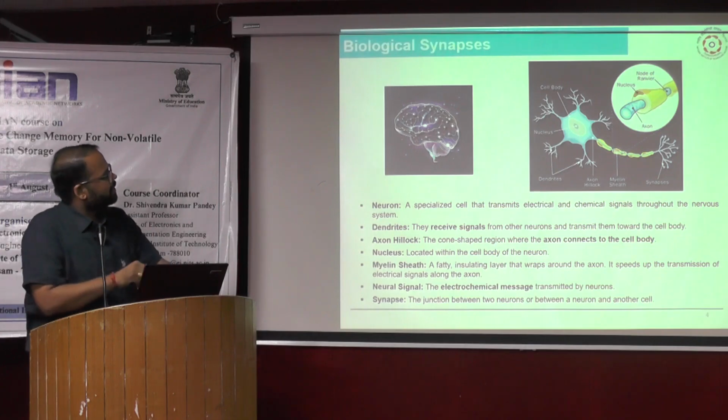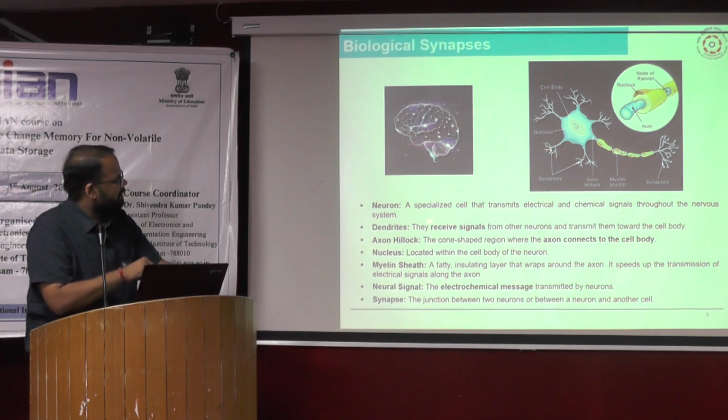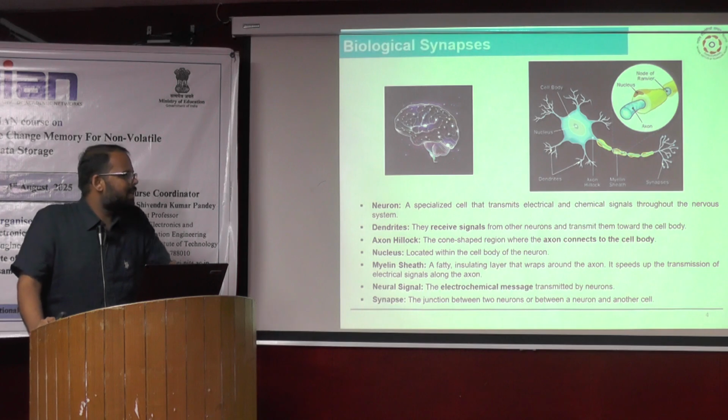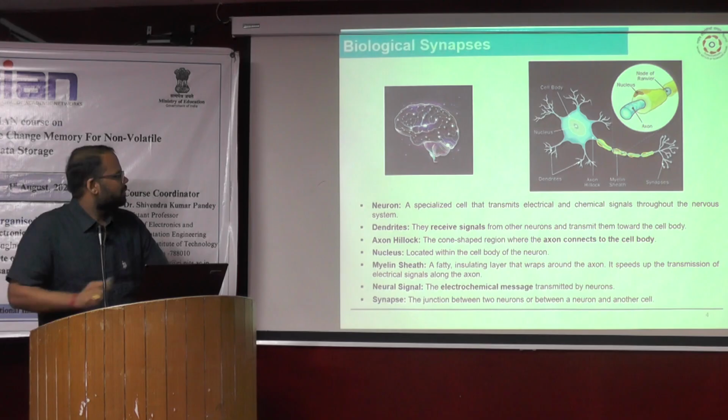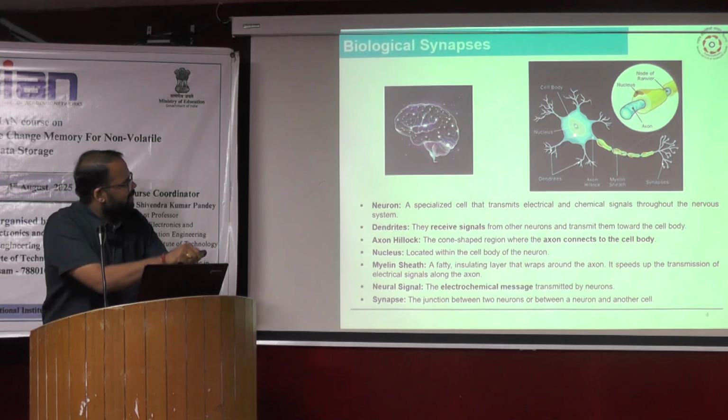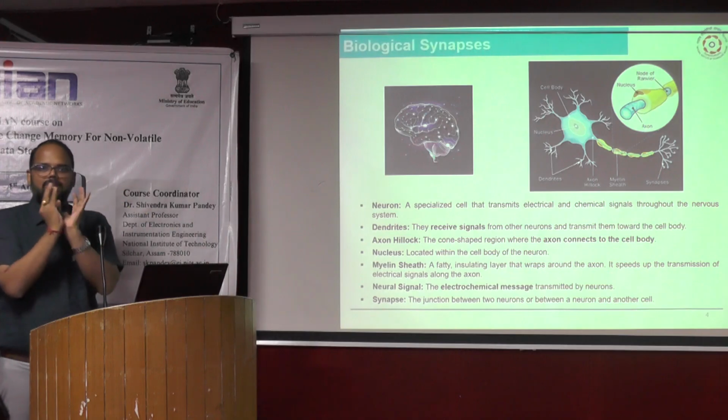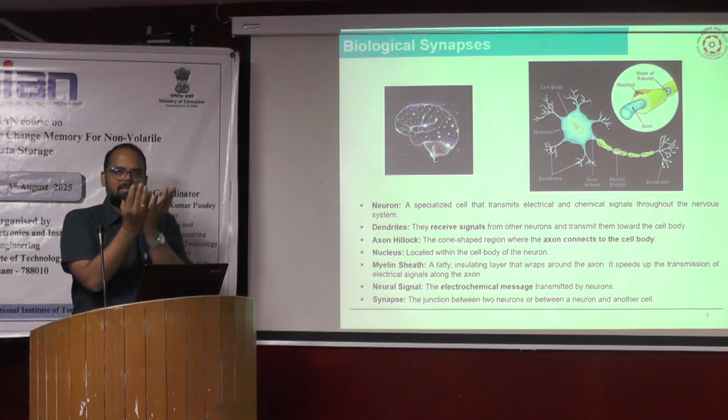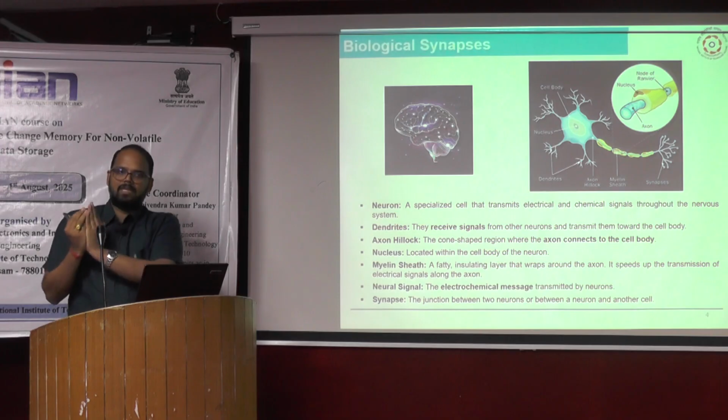They receive signals from other neurons and transmit them forward to the cell body. So this neuron is connected to other neurons with dendrites, as you can see here. You can see one neuron is connected with another one.